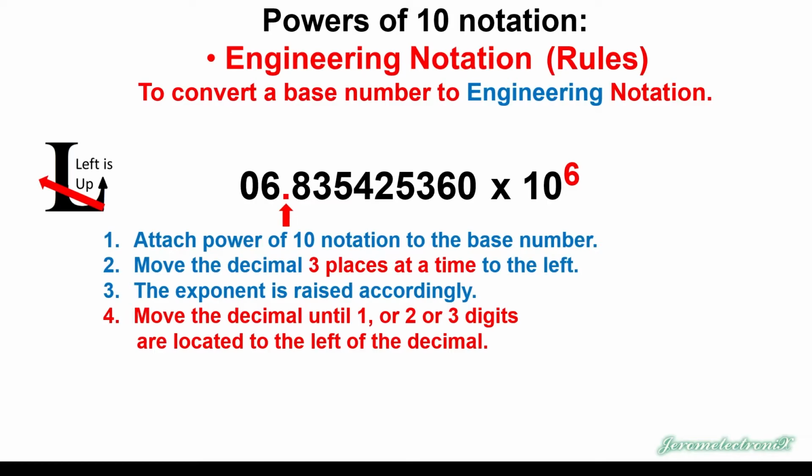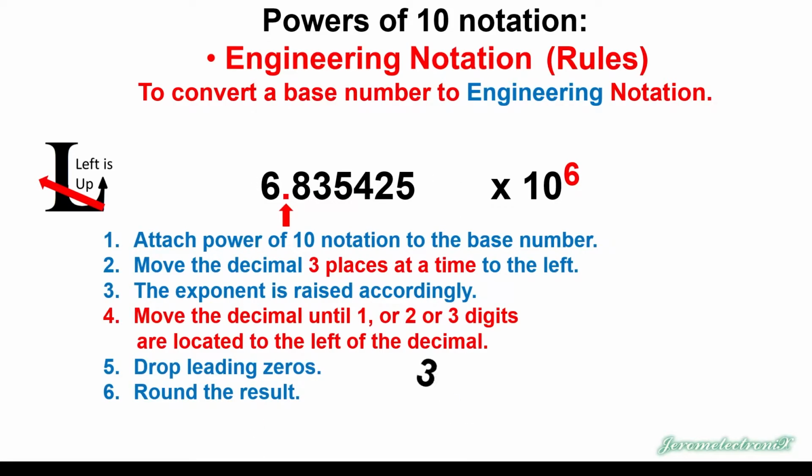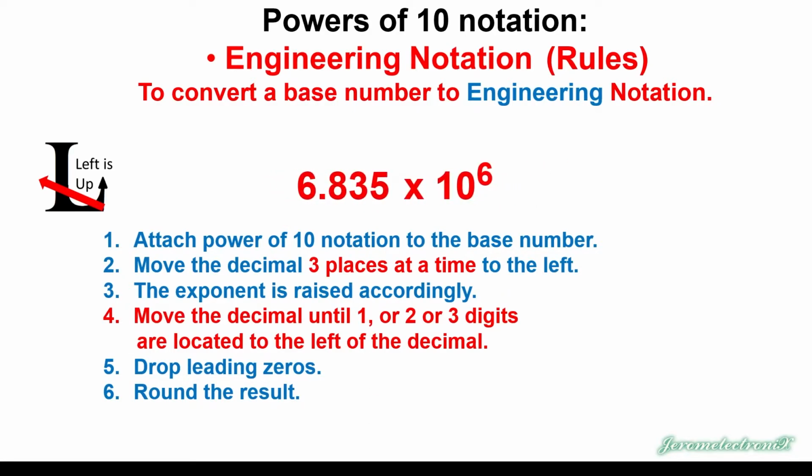So we'll drop that leading 0. We'll round the result. And there is our answer, 6.835 times 10 to the 6th power. Now I've tried to go slow so that you could do this before I did, and I hope you did.